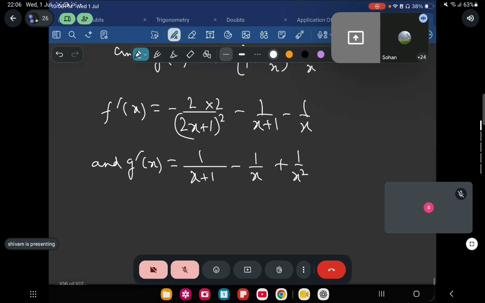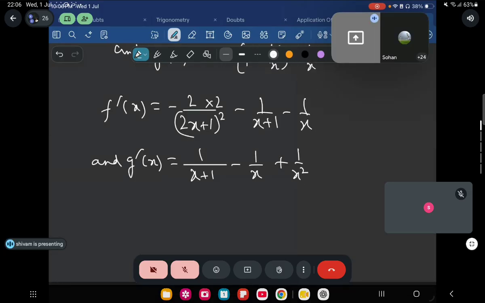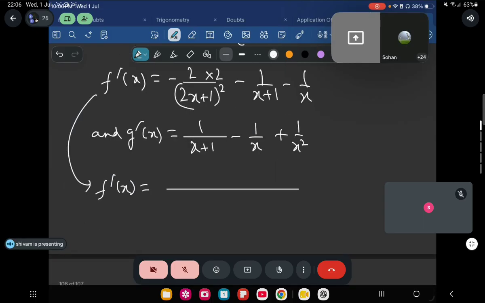Okay. Let us talk about f dash x first. Let us simplify. So f dash x will be equal to, taking LCM, 2x plus 1 whole square into x plus 1.